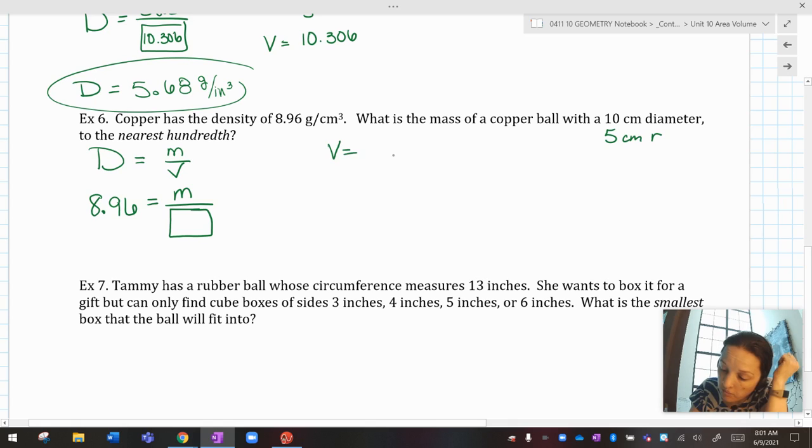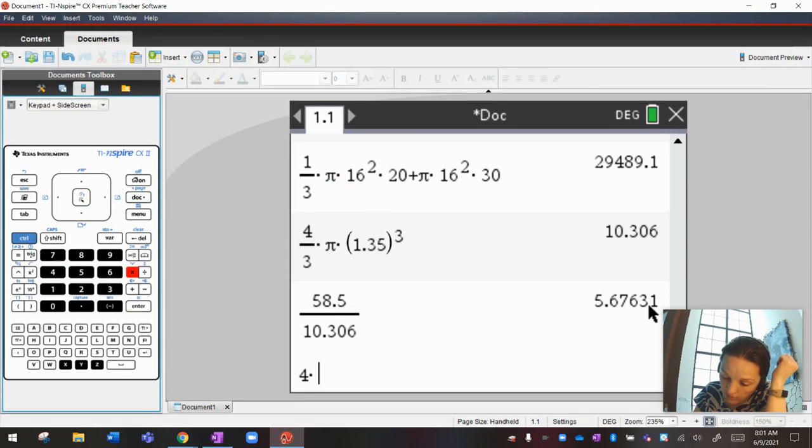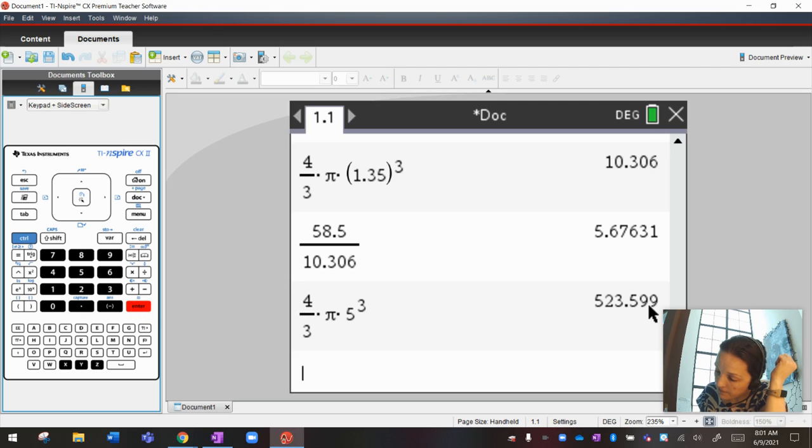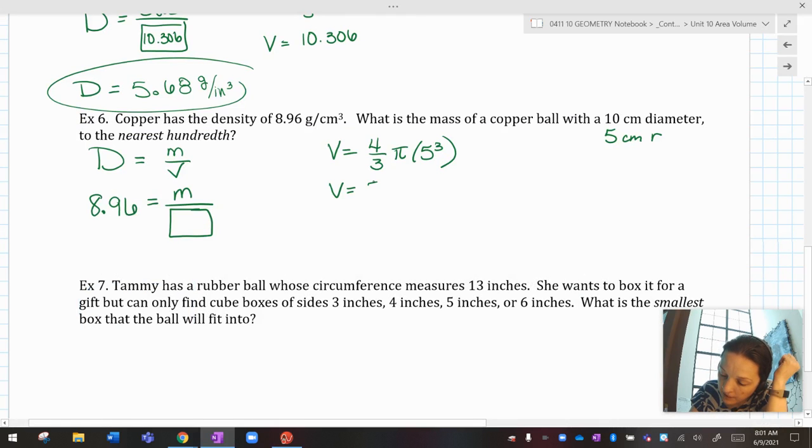So the volume of that copper ball is 4/3 pi 5 cubed, which is 523.599. I'm going to write 523.6 just because I'm running out of room.